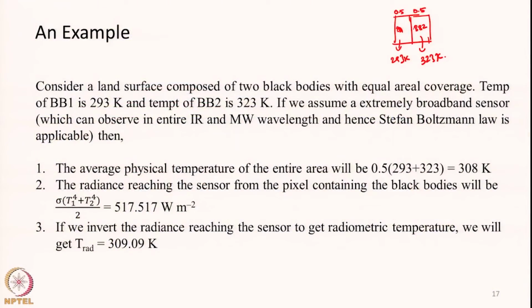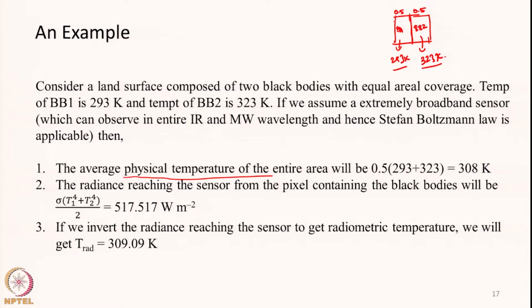Now, let us see what happens. In this case, what will be the average physical temperature of this particular JFOV? Half of the area is occupied by a black body at 293 Kelvin, half of the area is occupied by another black body at 323 Kelvin.